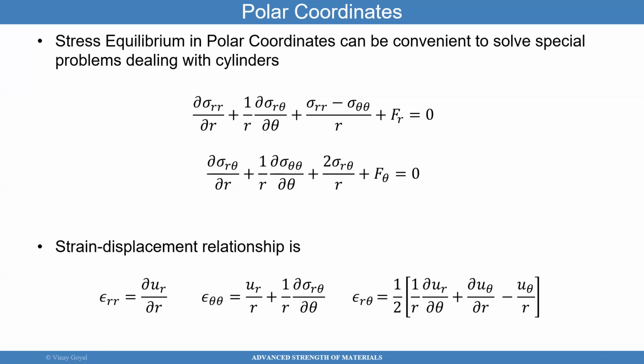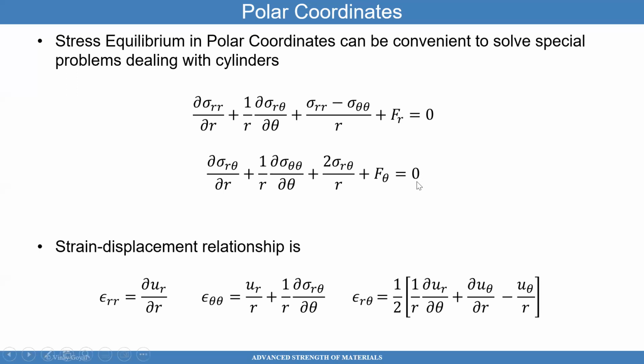So I'm not including the ZZ direction. If you have a cylinder, there's a Z direction through the thickness. I'm going to consider that these problems are plane stress, for example, where sigma ZZ is close to zero. So we can ignore the other components of stress. And as a consequence, we're simplifying the problem to the ones you see here. And that's okay for what we're trying to achieve today.